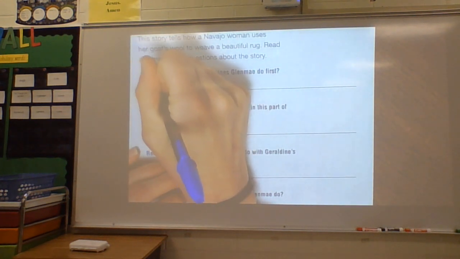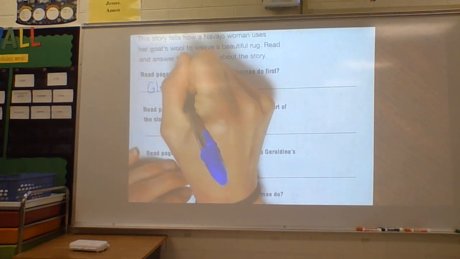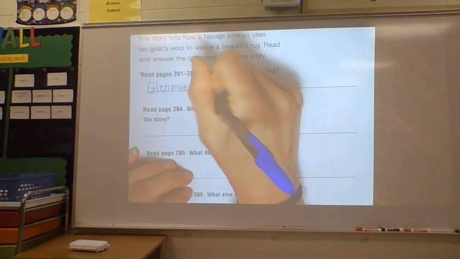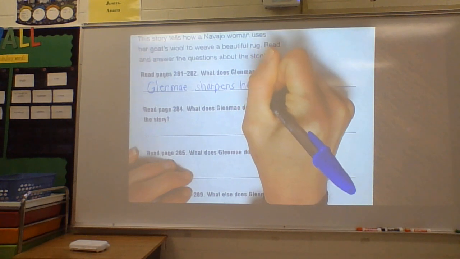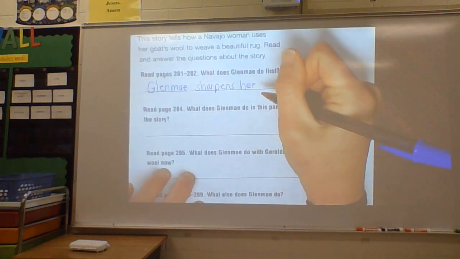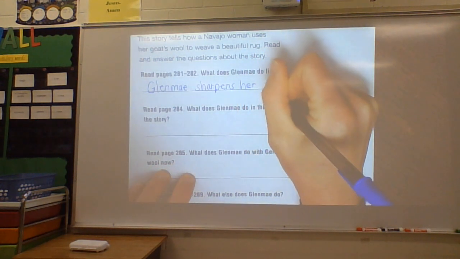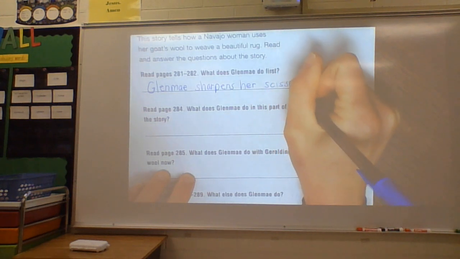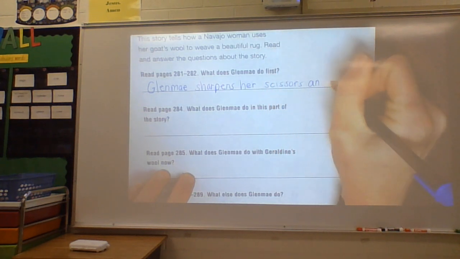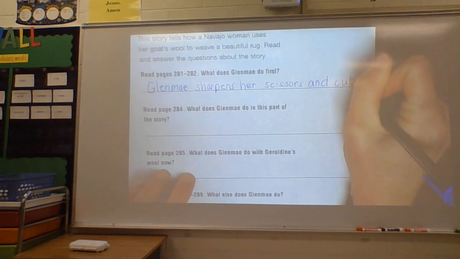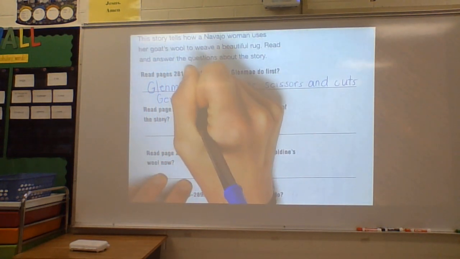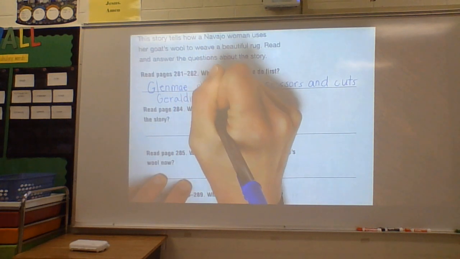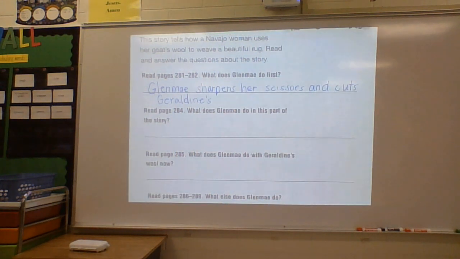Glen May sharpens her scissors and cuts Geraldine's wool.